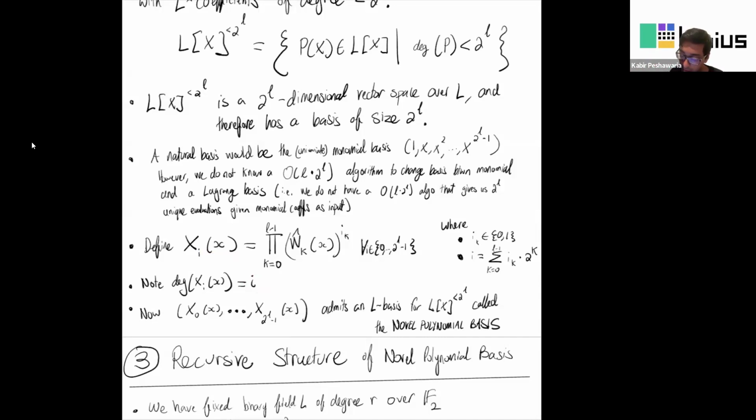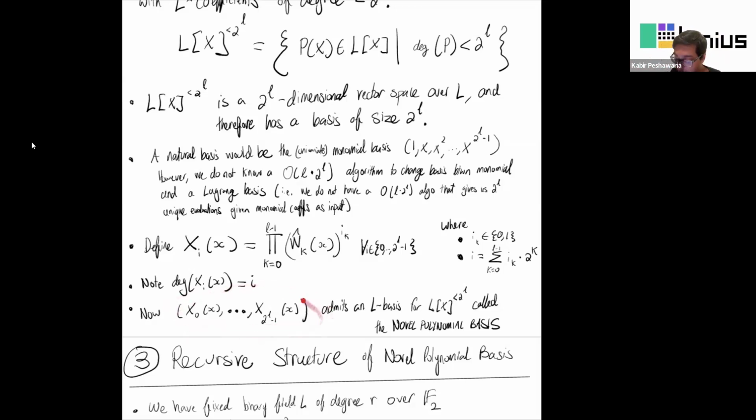What I will say is that we will, in a roundabout way, prove that this is a basis when we talk about how additive NTT works. The fact that there is a forward transform and an inverse transform means that this change of basis mapping is invertible. And if the mapping is invertible, or equivalently the matrix defining this linear map has a non-zero determinant, then that takes us from something we think is a basis to something we know is a basis, so the something we think is a basis is indeed a basis.